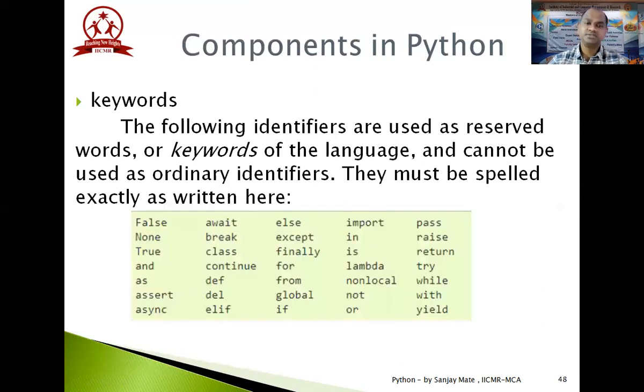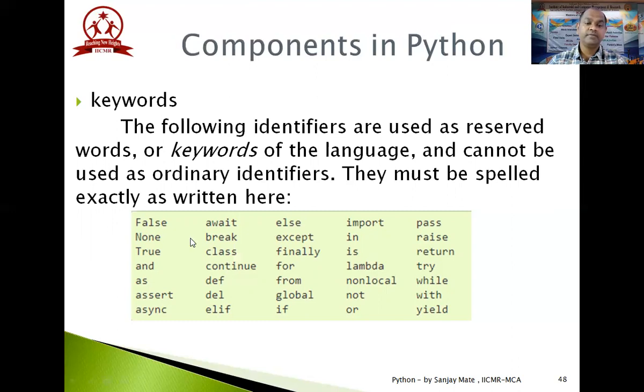What are the keywords? Keywords are words with a predefined meaning in the programming language, which we cannot use as an identifier, or to give names to variables. They have an important, predefined meaning in Python.